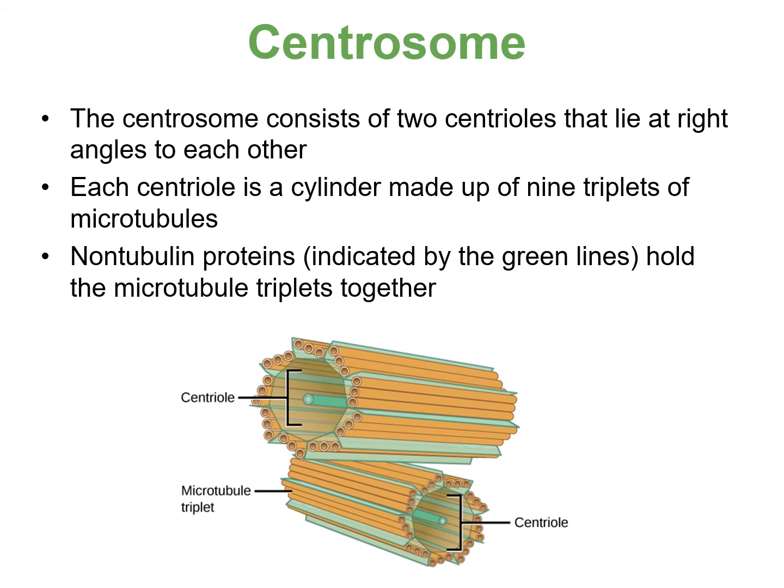The centrosome is an MTOC, or a microtubule organizing center, found near the nuclei of animal cells. It contains a pair of centrioles, which are two structures that lie perpendicular to each other. And each centriole is a cylinder of 9 triplets of microtubules.